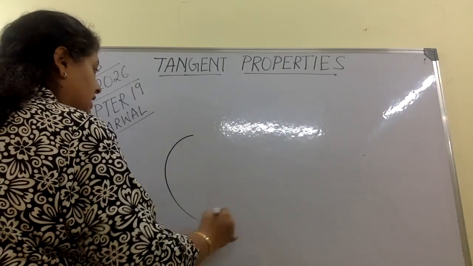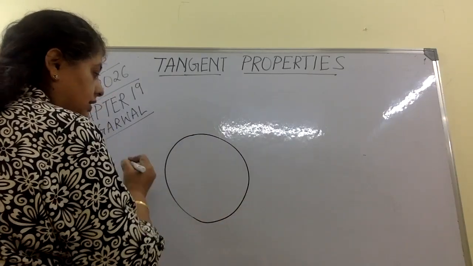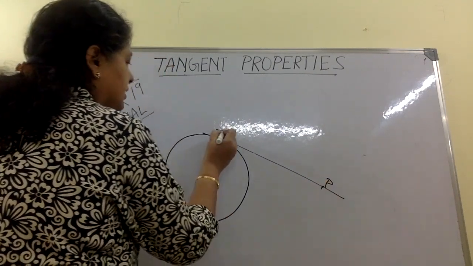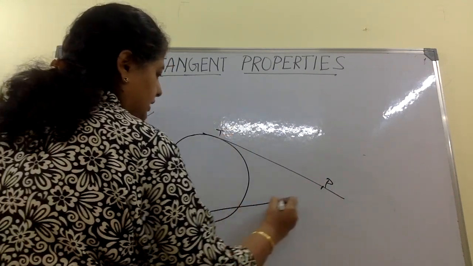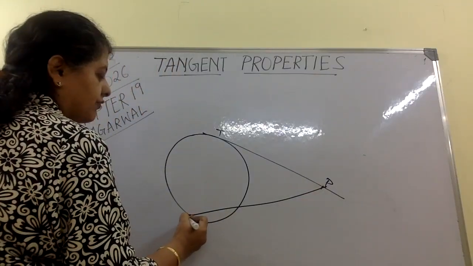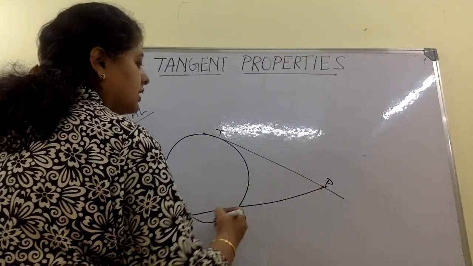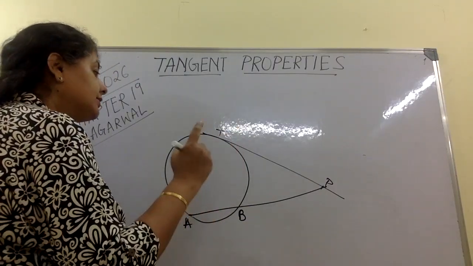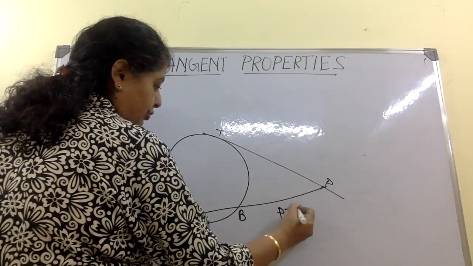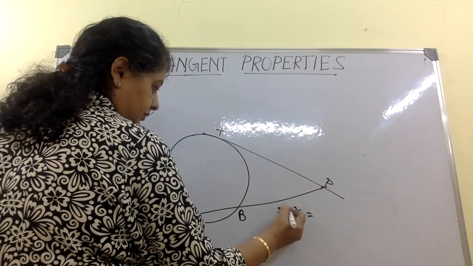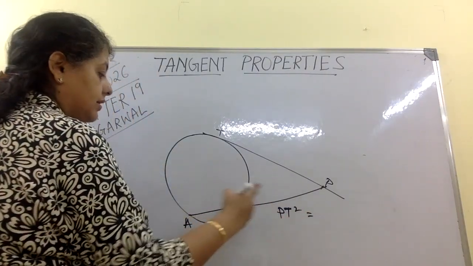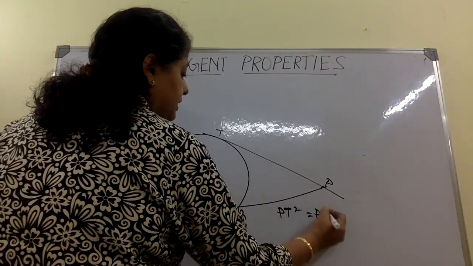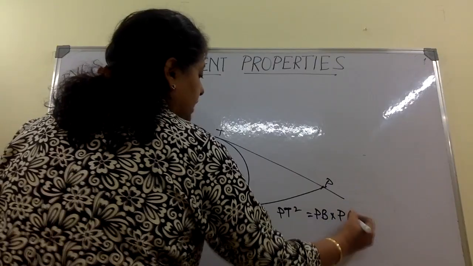This is very important and a little difficult to remember sometimes. If I have a tangent like this, which is PT, and I have a chord, let's say ABT, remember, this is a chord, that is a tangent. Then PT square is, take this full length, PB into PA.